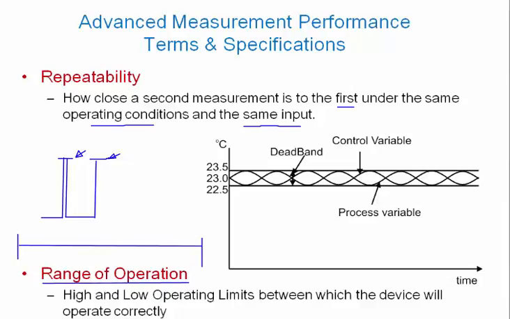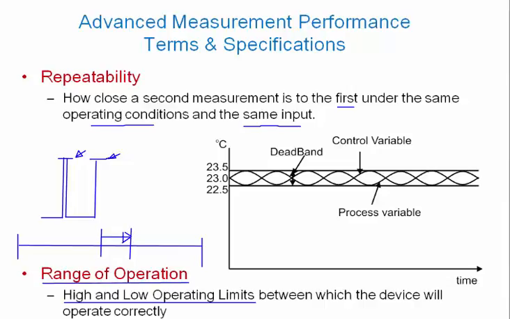So the range of operation is effectively the high and low operating limits for a given measurement capability. Whereas when we calibrate an instrument, what we are doing is choosing a range, or a zero and a span, within the range of operation because that's convenient for us in terms of the measurement that we're doing.